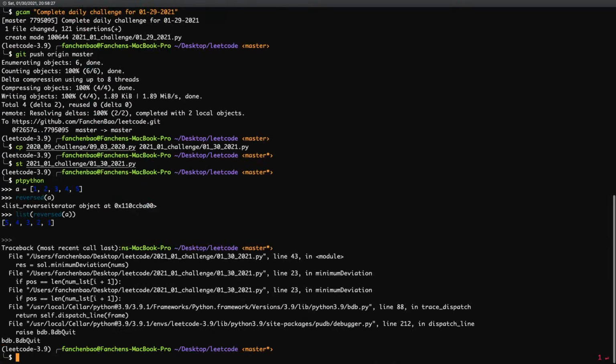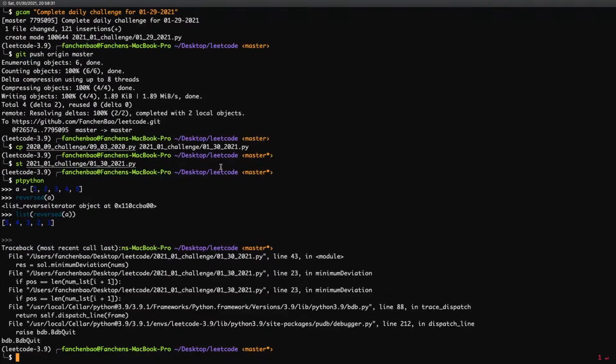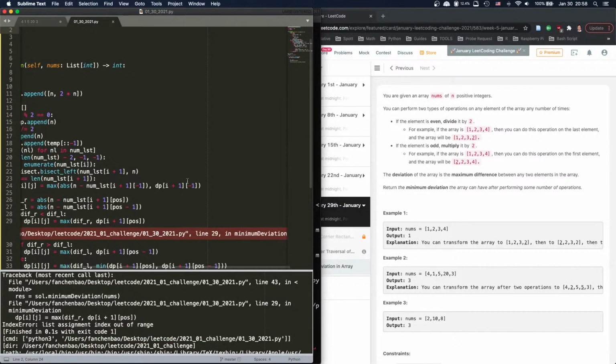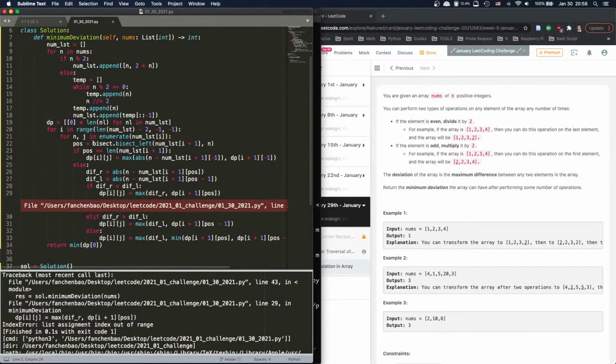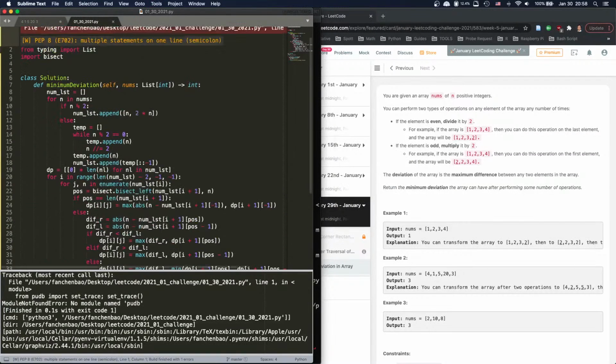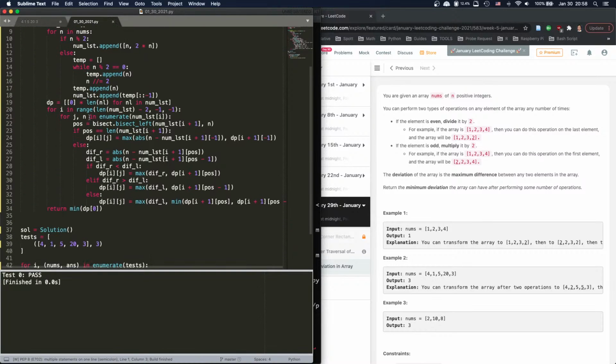Oh, shoot. You see the error? There we go. Because enumerate gives the index first.